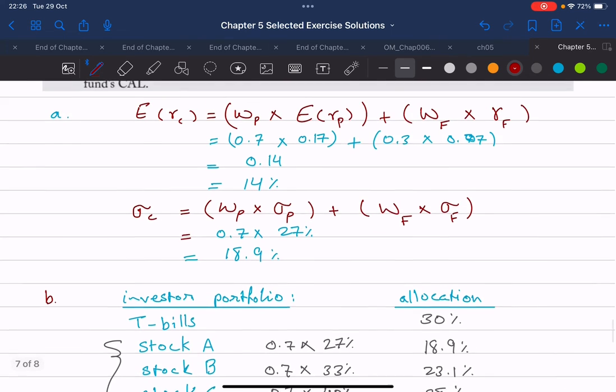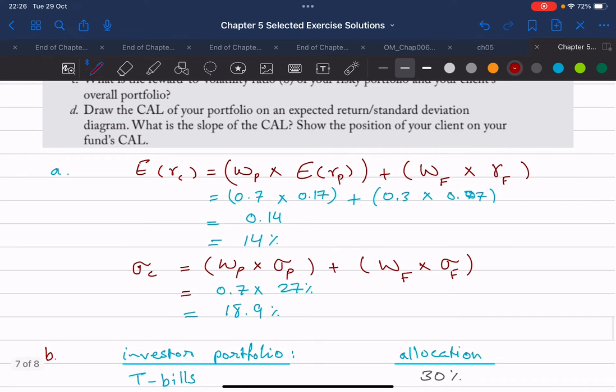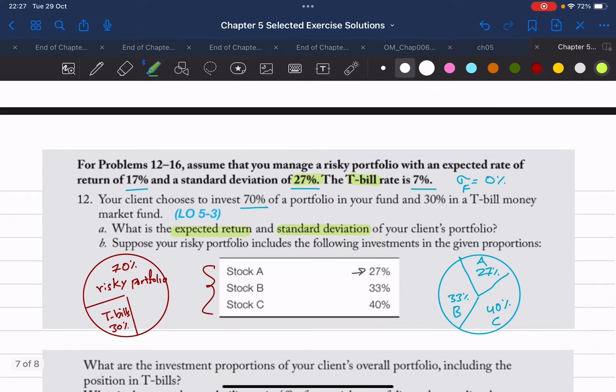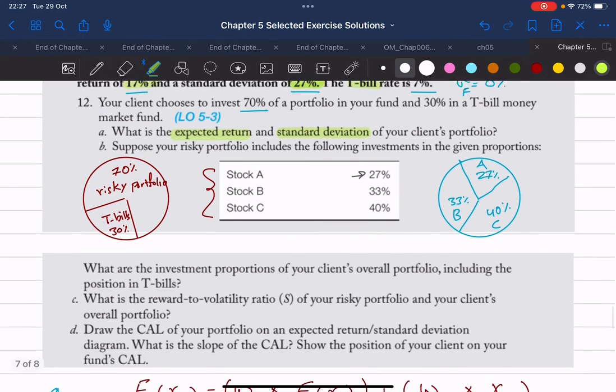So based on that, we can calculate. So these are the numbers here for the investor. The expected return on his investment is going to be 14%, and the standard deviation on his investment is going to be 18.9, right? For our risky fund, we have the numbers here. The expected return is 17%, and the standard deviation is 27%, right?